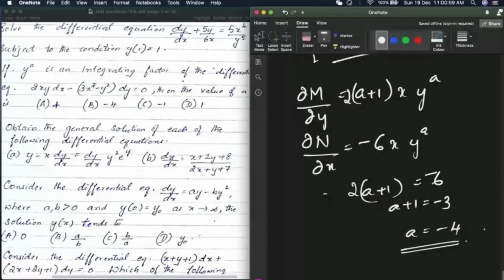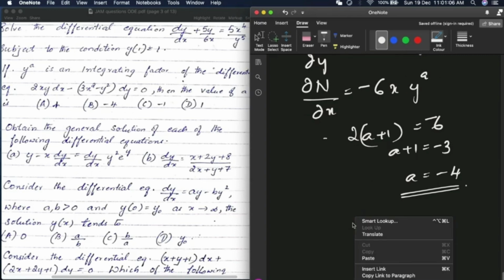y minus x dy/dx is equal to dy/dx into y square e raised to y? Or else if I simplify this, you can check for exactness. Actually, it is M dx plus N dy that will come.